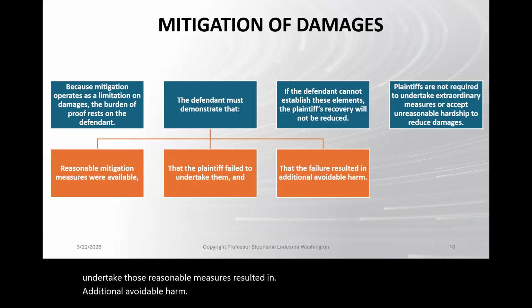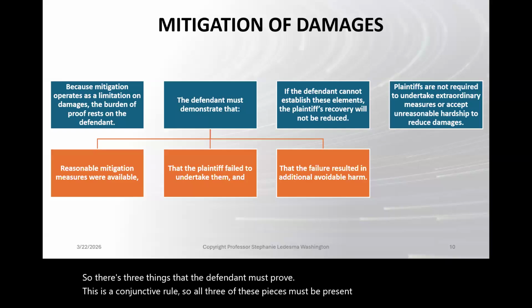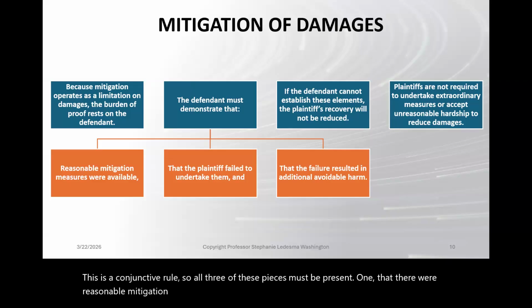So there's three things that the defendant must prove. This is a conjunctive rule, so all three of these pieces must be present. One, that there were reasonable mitigation measures available. Two, that the plaintiff refused or failed to undertake those reasonable measures.